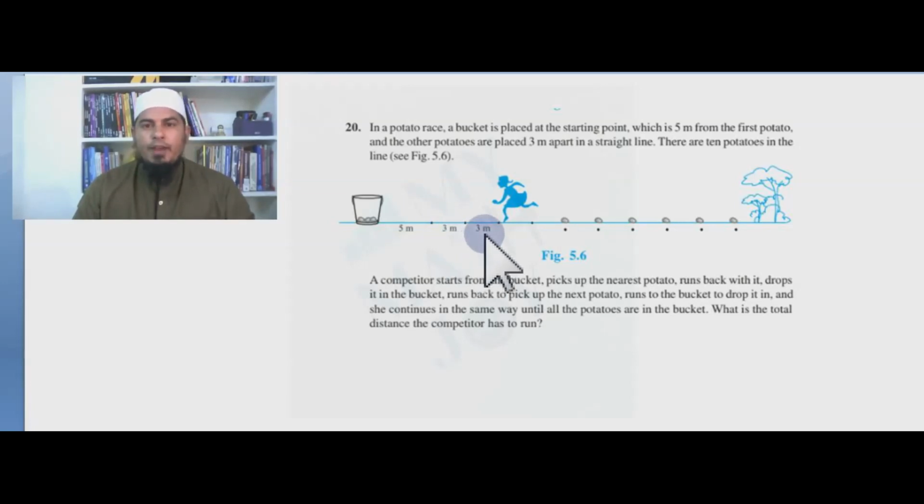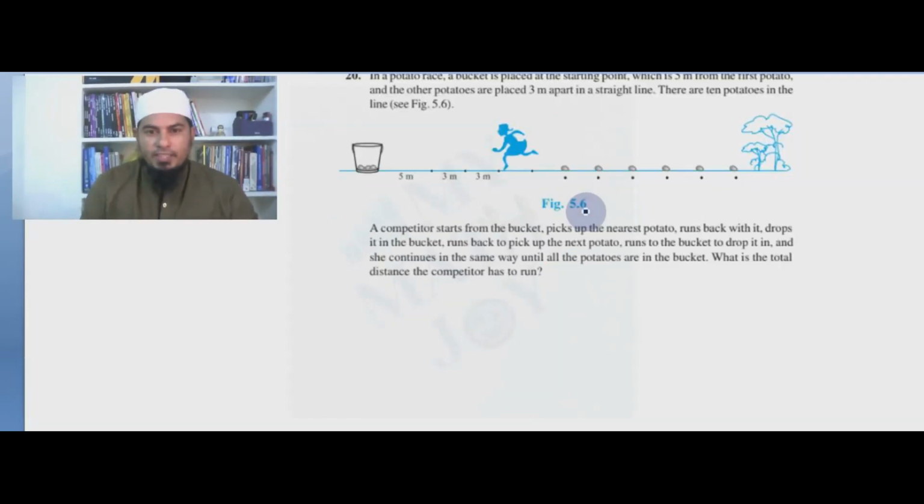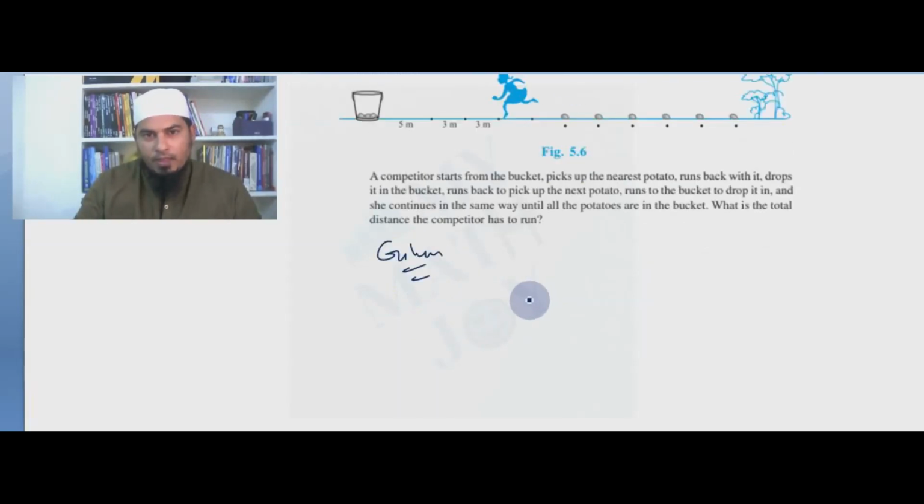We need to find how much distance this competitor covers when he completes this race. What is given here: 10 potatoes.